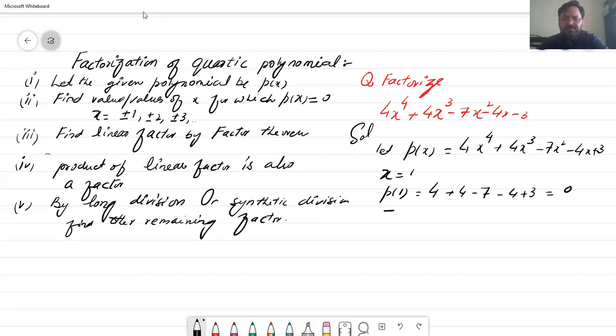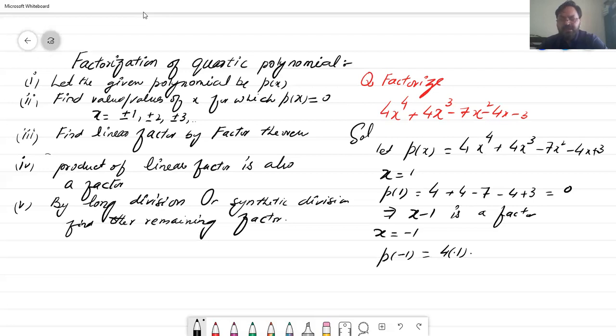So this implies x minus 1 is a factor. Now put x equal to minus 1. If the power of any negative base is an even number, then the negative will be removed.